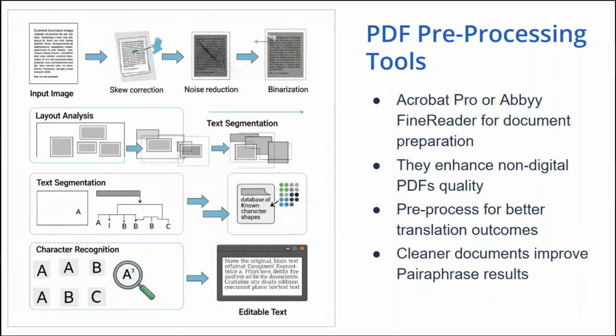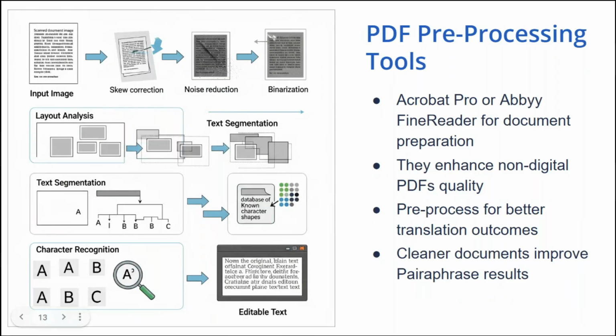If you don't have those tools, we have Pairaphrase, which has Adobe Acrobat Pro functionalities integrated, and will soon have some others we will talk about later. So Acrobat Pro and Adobe FineReader are excellent for pre-processing documents before they even reach Pairaphrase sometimes, or once you have already used the app.